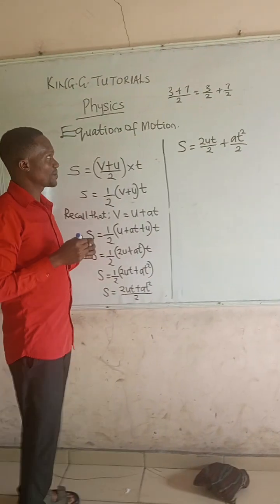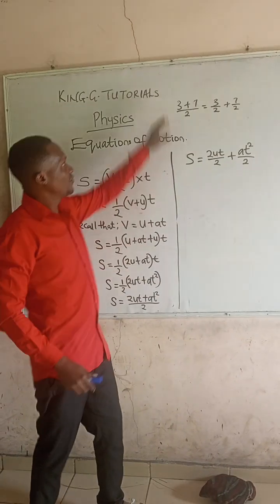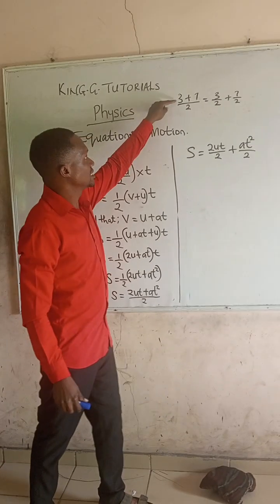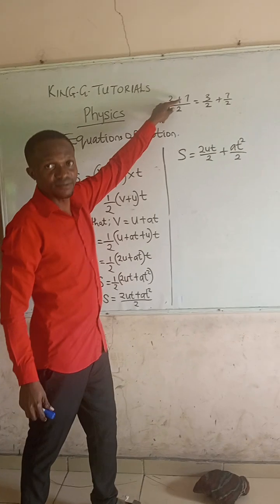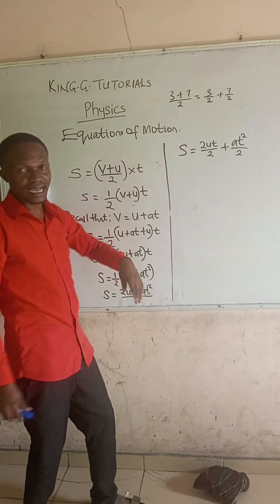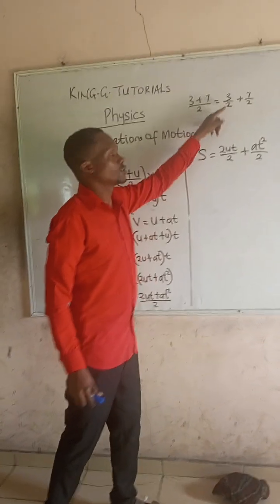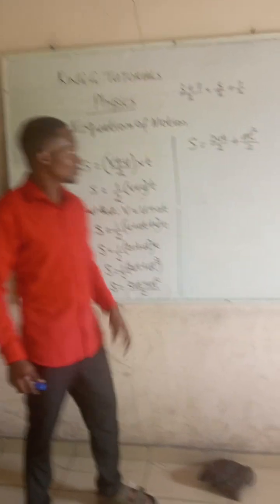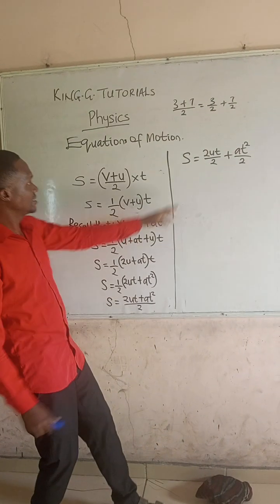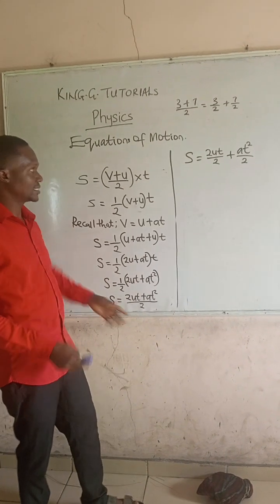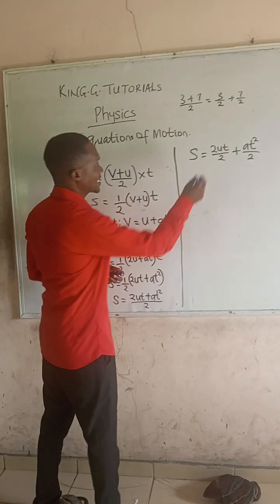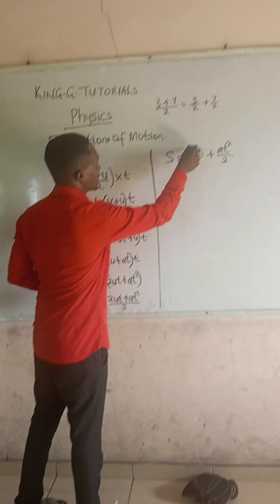Hope that is clear. Remember what I said again: if you are given 3 plus 7 over 2, it can be expressed as 3 over 2 plus 7 over 2. So writing this as this is still the same thing. At this point, I can then cancel: my 2 cancels out 2.